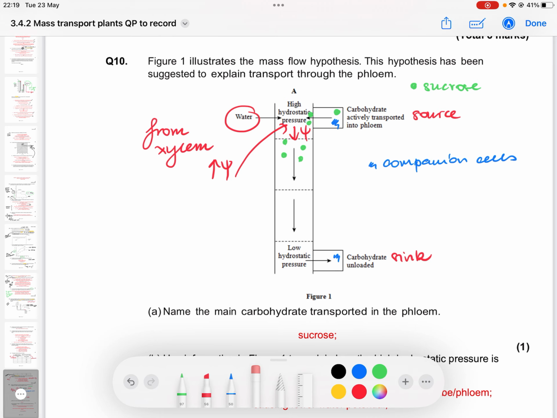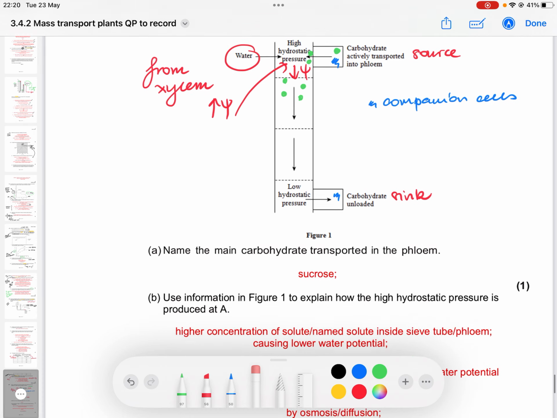That then removes the sucrose actively from the phloem, lowering the water potential, so the water can go back to the xylem. So the main carbohydrate that will be transported, as we've said, is sucrose.